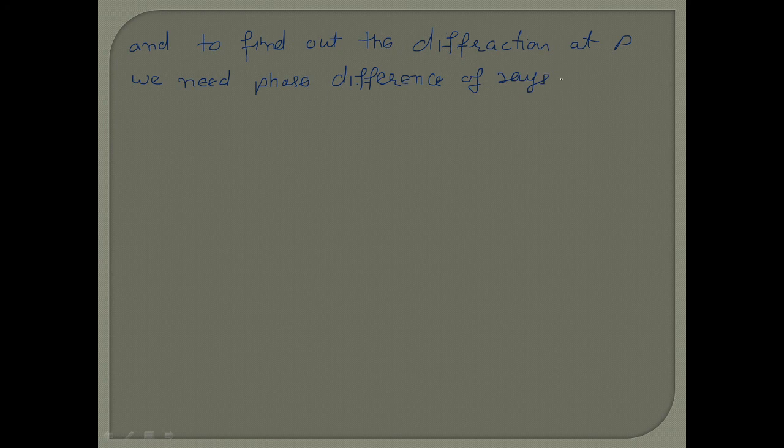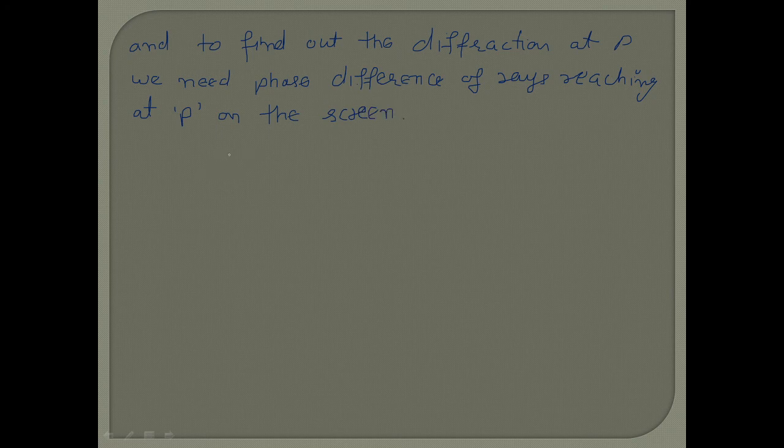To find out the diffraction pattern at P, we need the phase difference of rays reaching at point P on the screen.